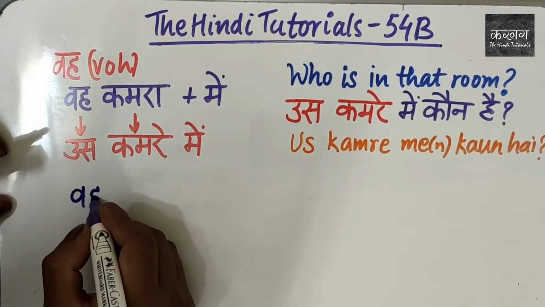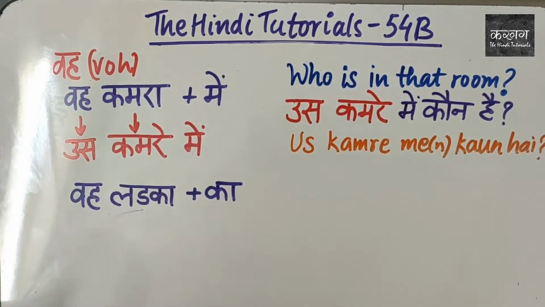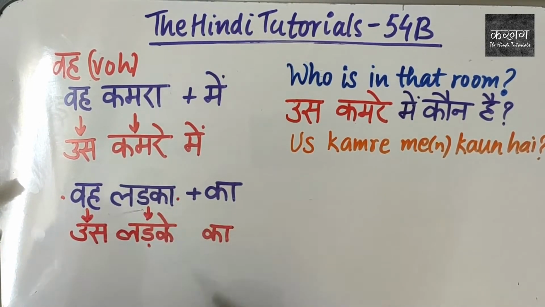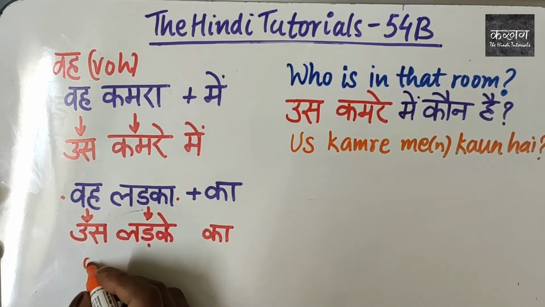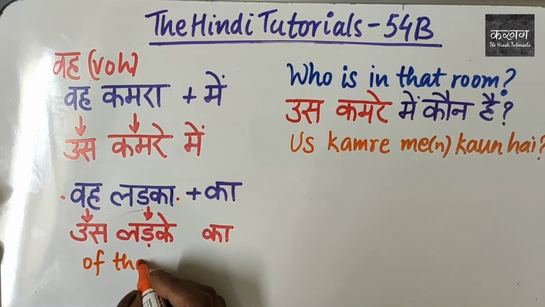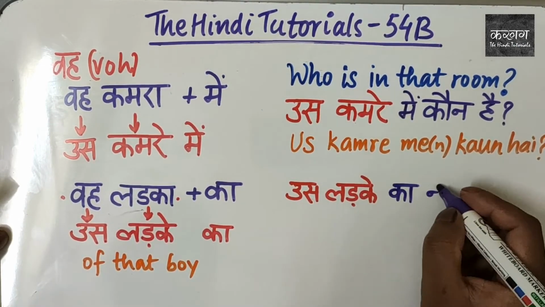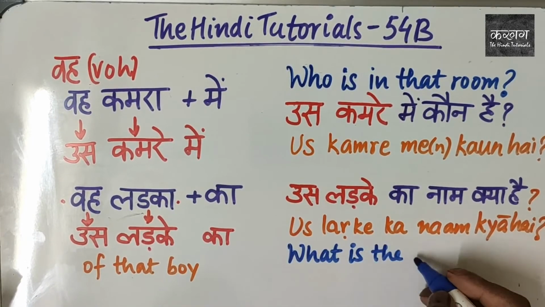Now, वो लड़का. If we add का to वो लड़का, it would become उस लड़के का. वो will become उस and लड़का will become लड़के. उस लड़के का, of that boy. उस लड़के का नाम क्या है? What is the name of that boy? ठीक है.